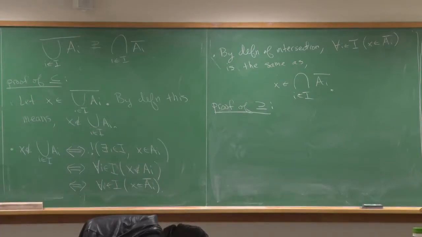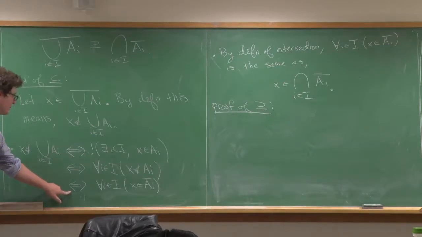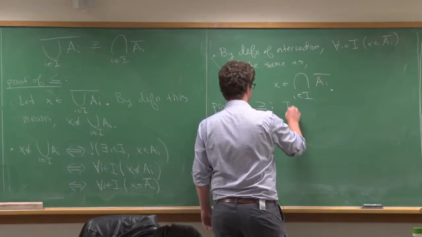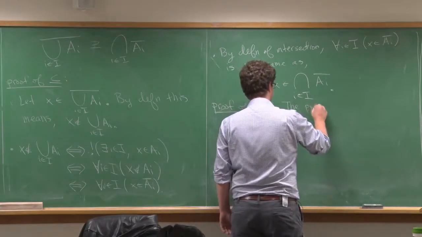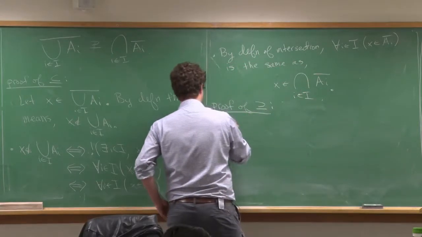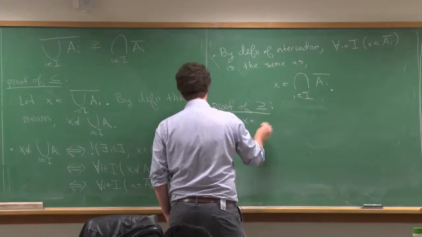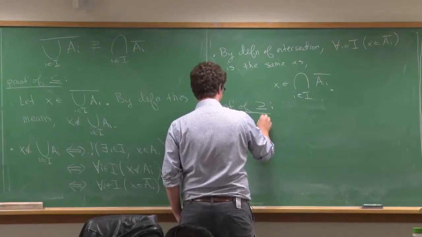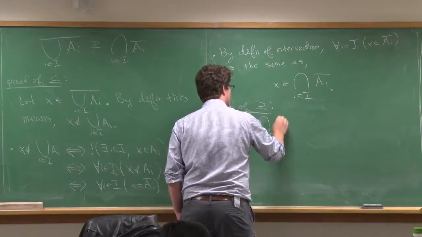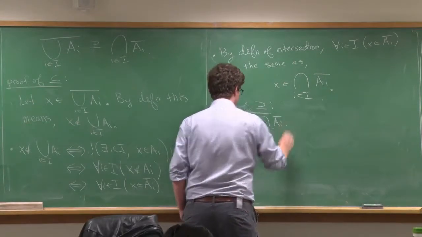Okay, so here we really have the same thing, right? It's essentially the same. So let's just do it. So let x be an element of this intersection of A_i bar.